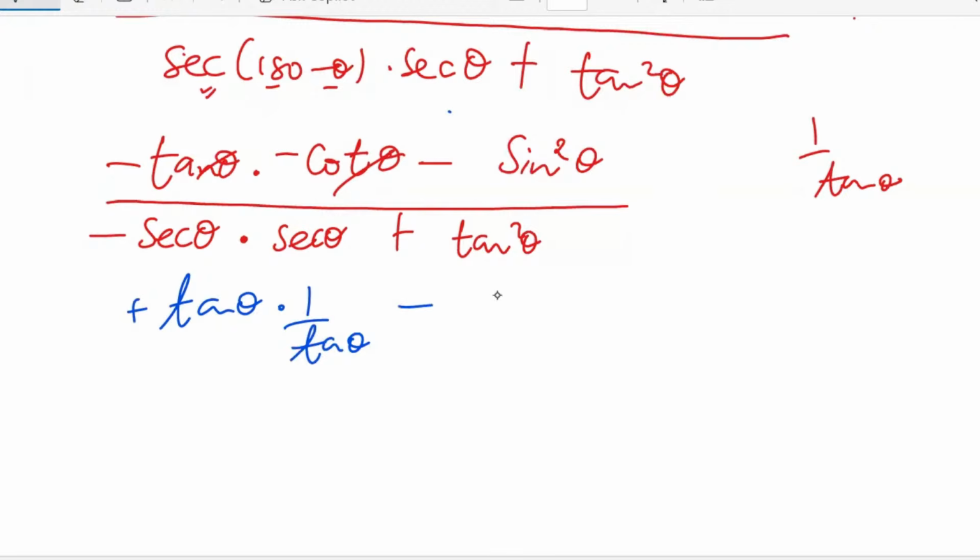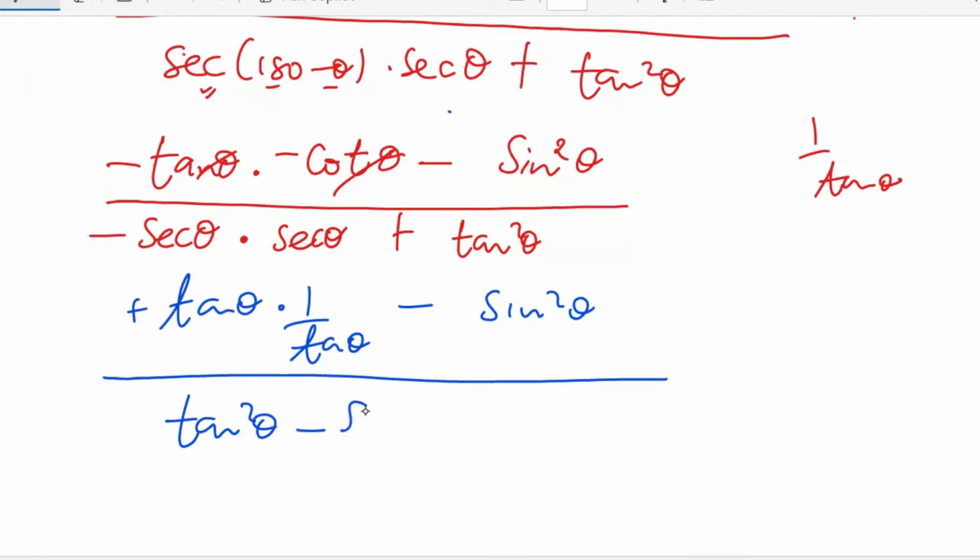This is 1 over tan minus the sine squared over sec, and sec is going to give me sec squared, but let me rearrange it around and say it's the tan squared minus the sec squared. So this and that we say is going to be a 1. So 1 minus sine squared theta over the tan squared minus the sec squared.